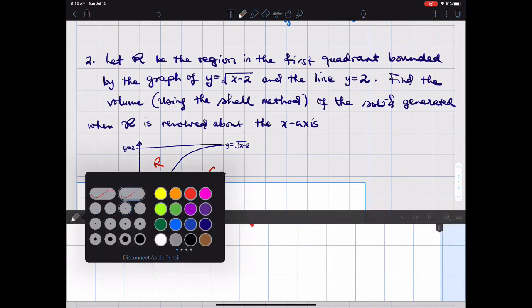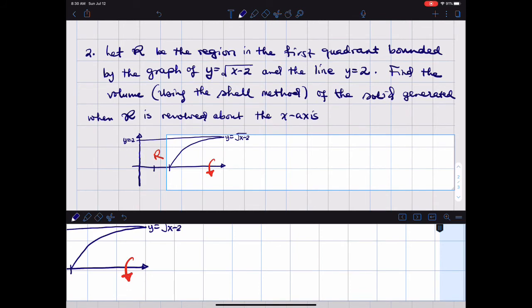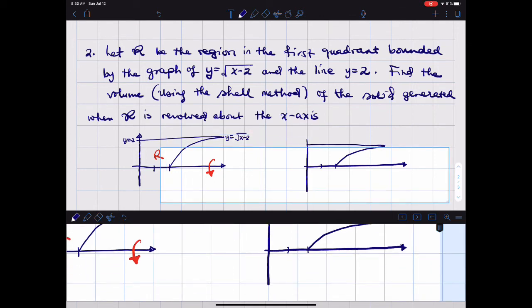Now, if we revolve this region about the x-axis, what do we end up with? Let's see what we get. We get 1, 2, like that, and then something similar here.